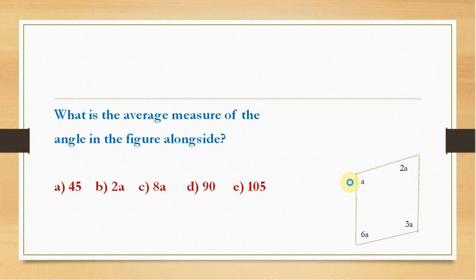So let us now take another example. In this example we have to find the average measure of the angles in the figure alongside. So this is a quadrilateral. We know that the sum of the total angles will be equal to 360 degrees and there are 4 angles. So the average will be equal to 90 degrees.